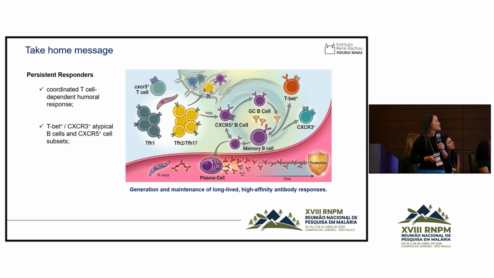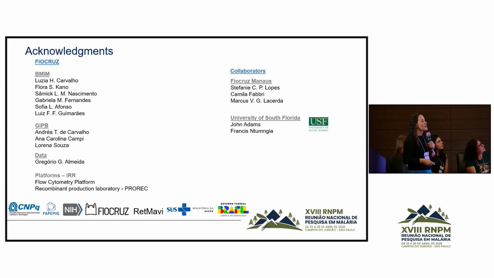Our work is showing that the immune response to malaria is highly complex, and what we saw in our study was the increase of subtypes Th1, Th2, Th17 in the responders, and CXCR5 positive B cells and atypical B cells and CXCR5 positive T cells. And all this set was contributing somehow to the generation and maintenance of antibody response in a long-term and high-affinity way.